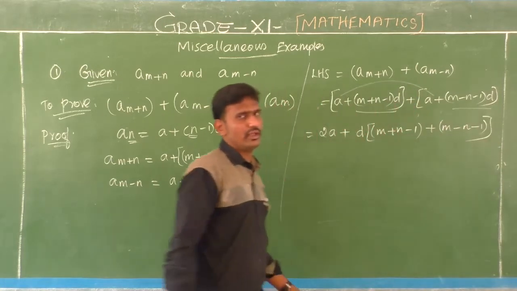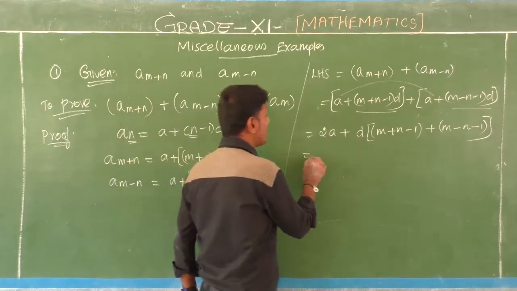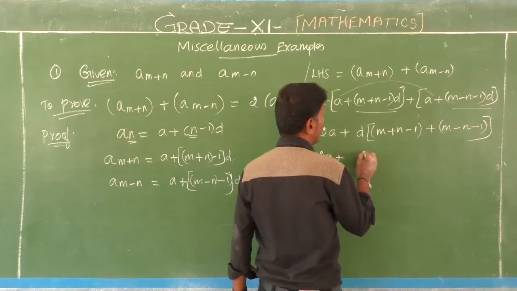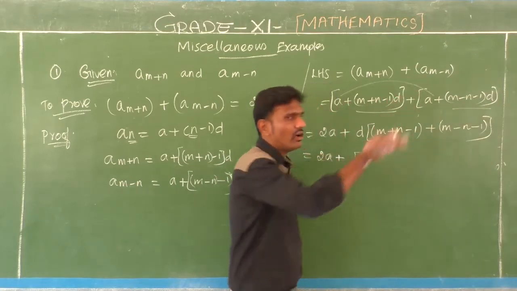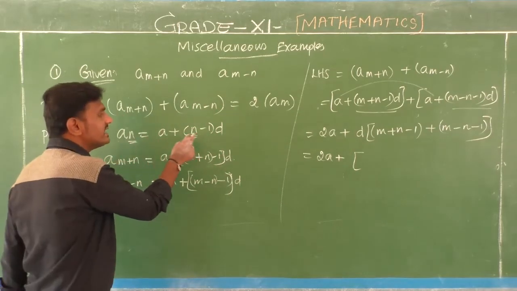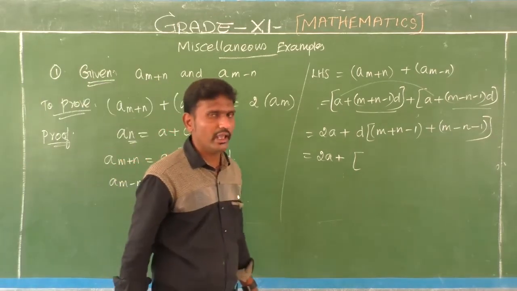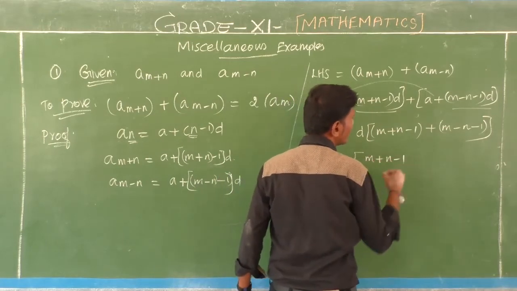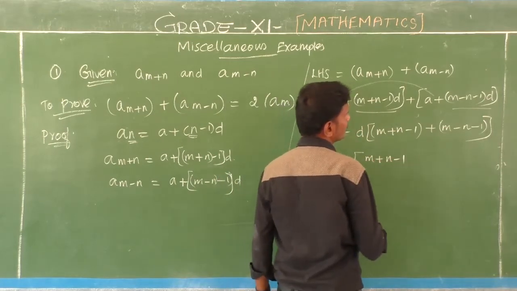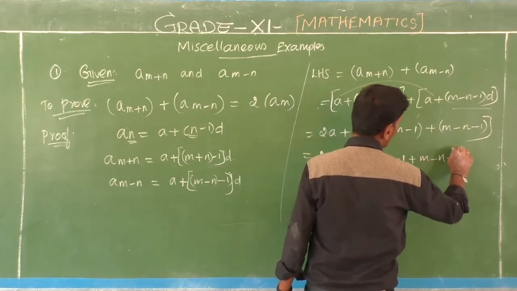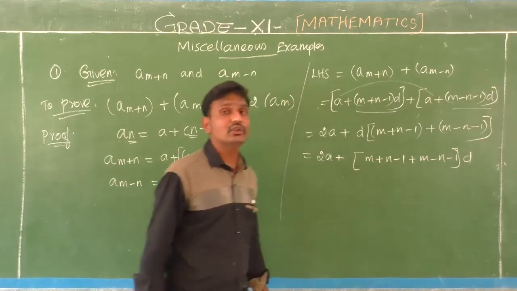Now I am going to cancel the bracket to get 2a plus, and the d I am going to take last, because our general form of the nth term is a plus n minus 1 into d. Now I am going to cancel the bracket: m plus n minus 1 plus m minus n minus 1 into d.